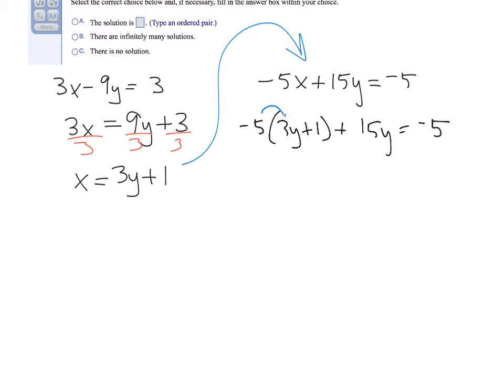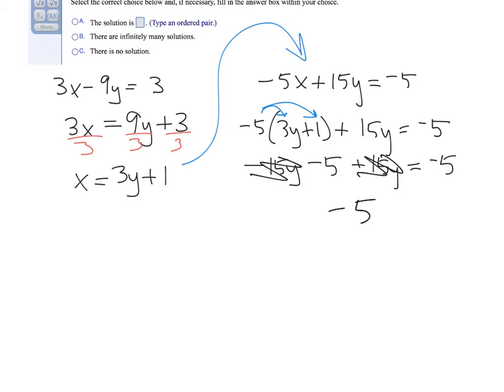We have a little bit of distributive property here, so that ends up being negative 15y minus 5 plus 15y equals negative 5. And we see that these equal 0, so this cancels out with this, and we end up with this really interesting equation, which is negative 5 equals negative 5.